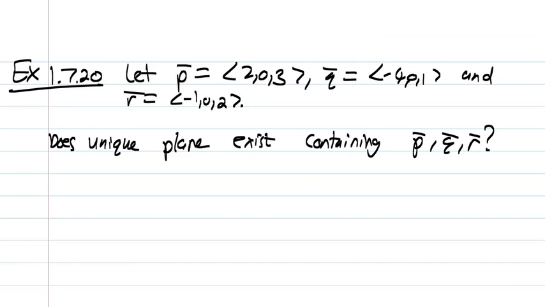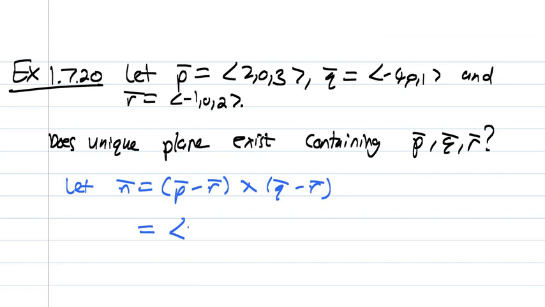Alright, so like before, we're going to start by calculating, let n equal to P minus R cross Q minus R. So P minus R, that becomes the vector, first component 3, then it's 0, then it's 3 minus 2, which is 1, and then Q minus R, we do the maths, that is minus 3, 0, minus 1.